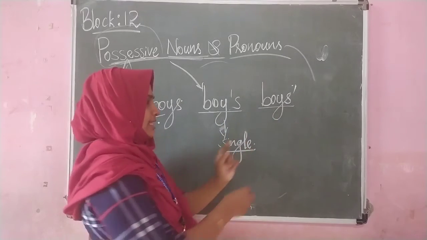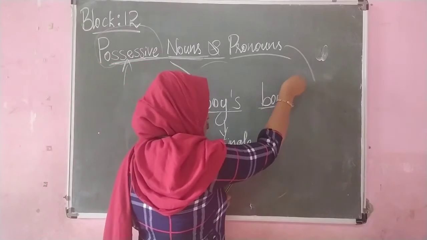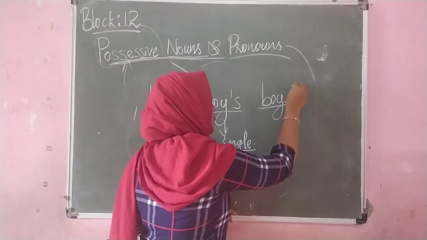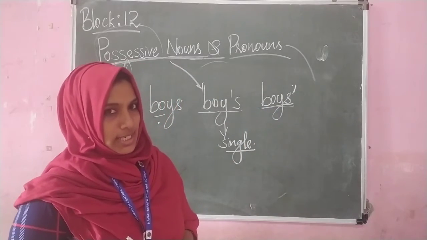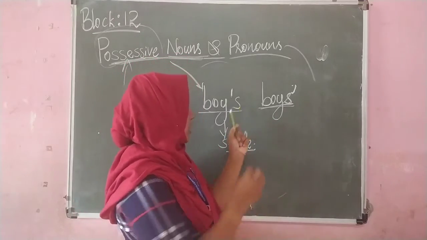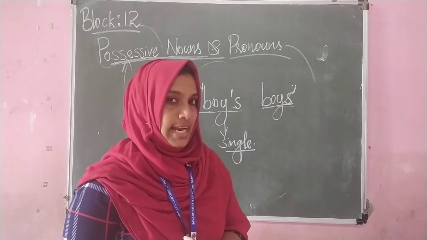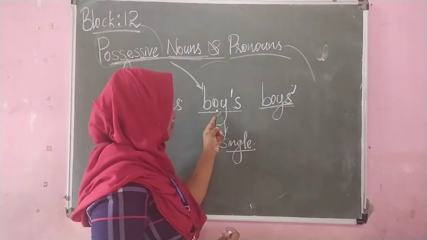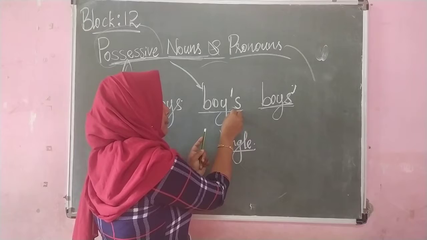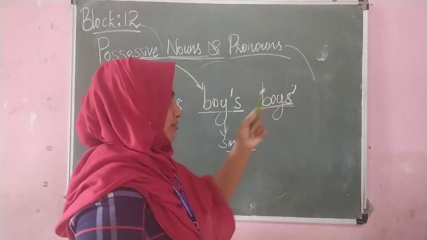Then let's take this third word, boys'. Here also you can see this apostrophe, but where? It is after the S. I told you that in possessive nouns we see the apostrophe with the letter S, and most of the time the apostrophe stands before the letter S. But look at this word, where the apostrophe is standing.